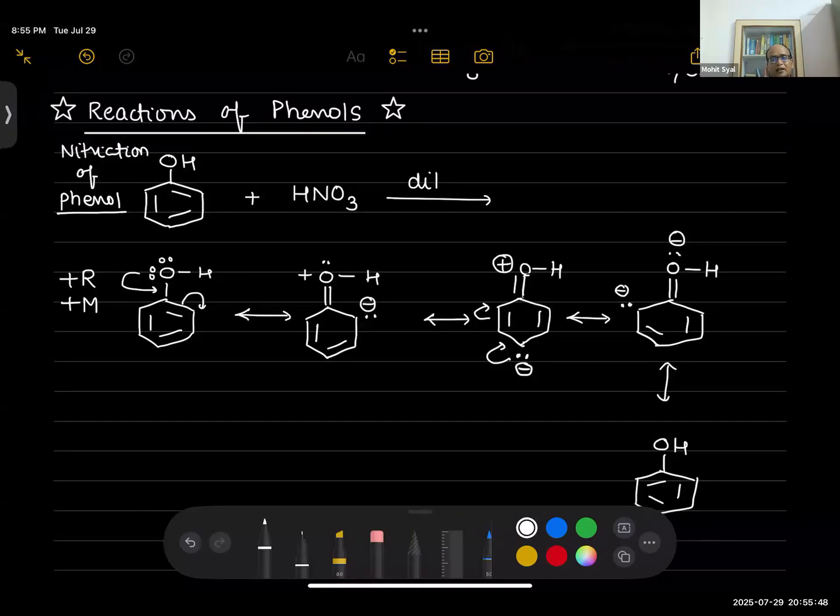Yes, Jasleen, correct. Ibrahim, you tell me ortho, meta or para? Both, you can get both, because ortho has a negative charge and para also has a negative charge, right? So both ortho and para nitrophenols you can get.